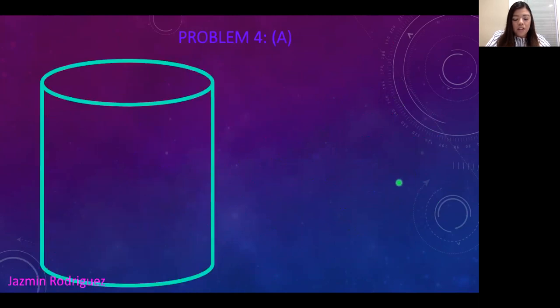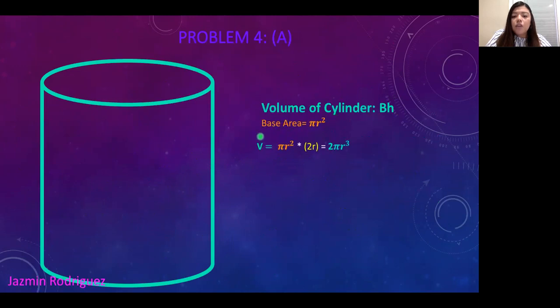All right, now let's focus on the volume of a cylinder. So this is what our cylinder looks like. Once again, we know that our base area is equal to pi r squared. So now we'll plug that in: pi r squared, which is our b, times our height, which they gave us was 2r, and that is equal to 2 pi r cubed.